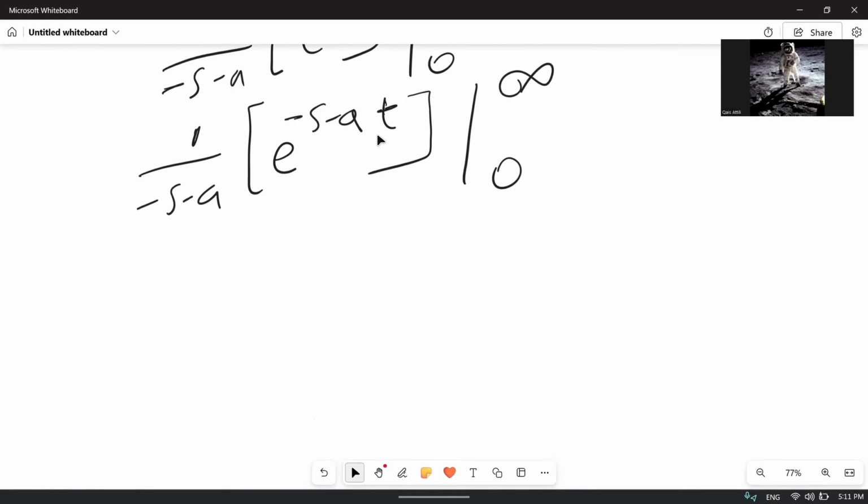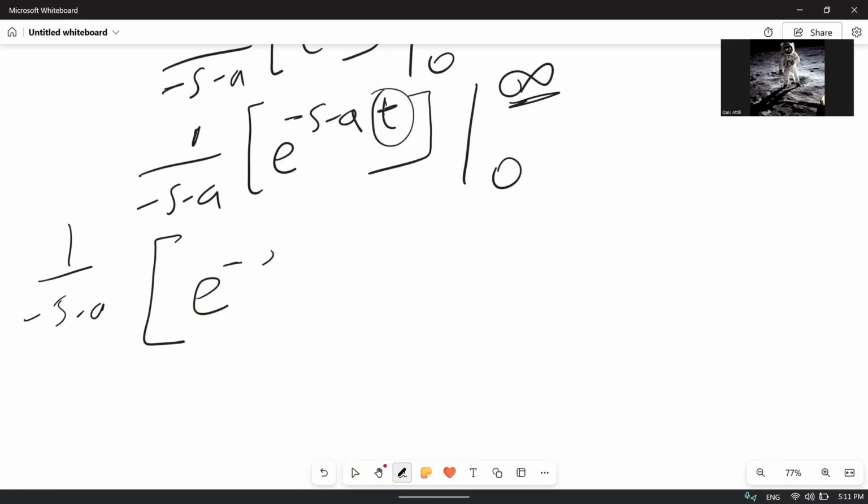Now we're just plugging in the values, starting with infinity. So this one, minus (s minus a) multiplied by infinity is going to be minus infinity. This is just simple multiplication, nothing hectic in here.